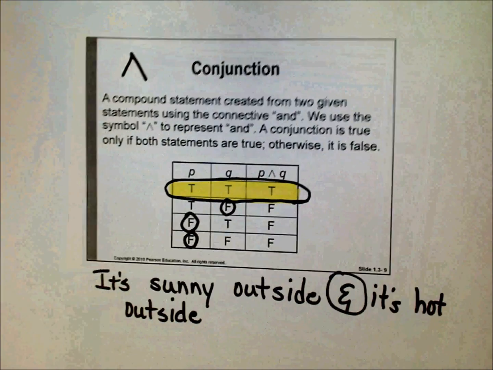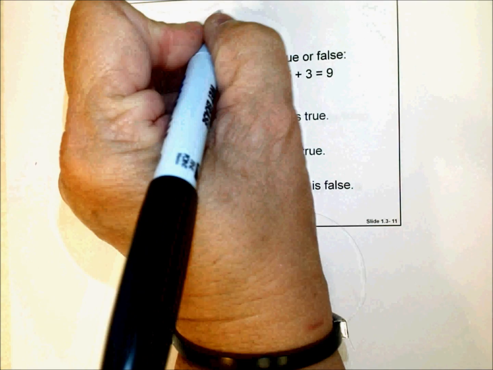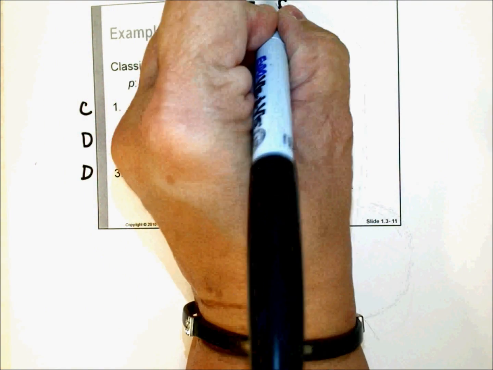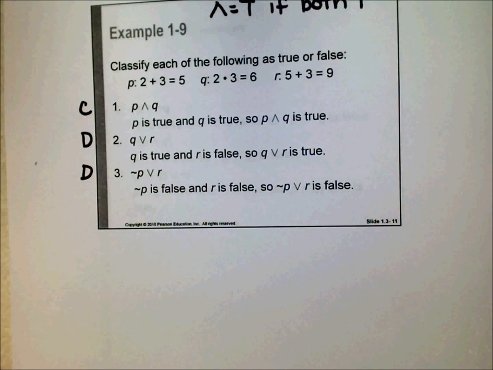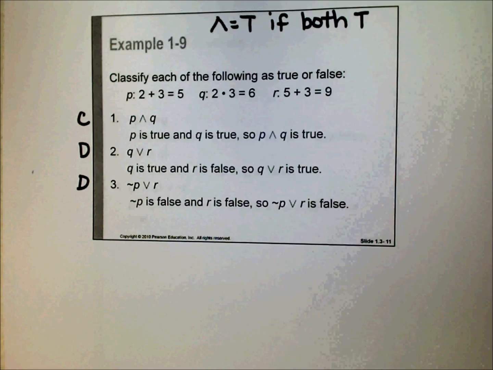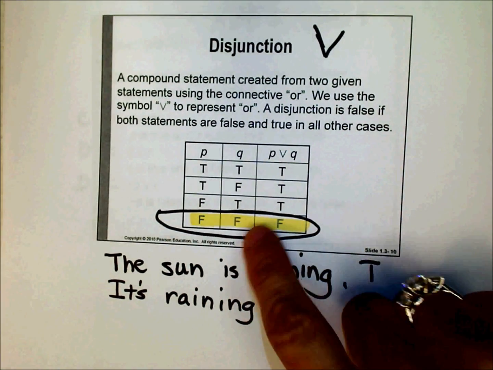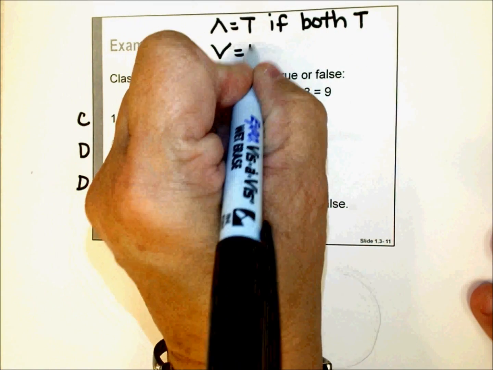A conjunction is only true if both are true. Now, back to the disjunction. The only way to get false is if they're both false. So, a disjunction equals false if both are false.